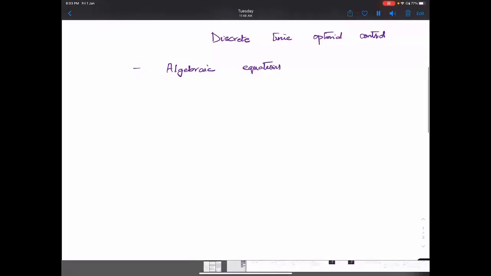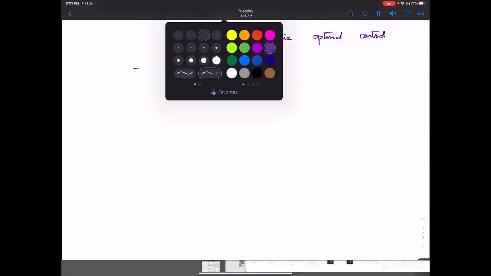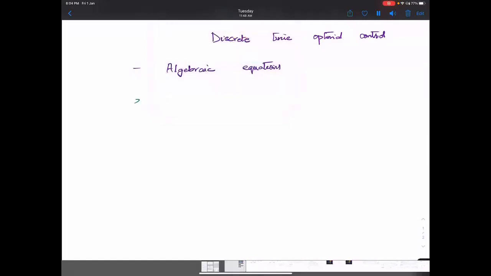And let's say to start with, you have an underlying state space model. So you have something of the form x_{i+1} = f_i(x_i, u_i). Let's even make this stage dependent. That's fine, the f dynamics.